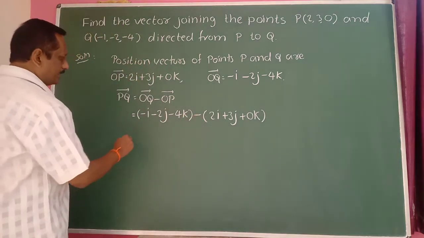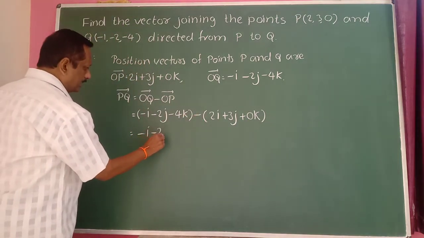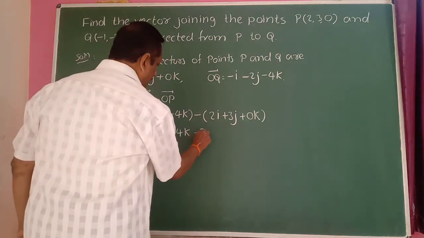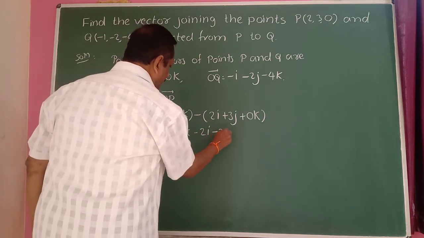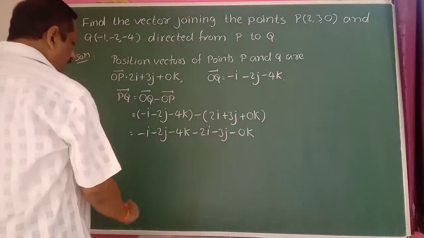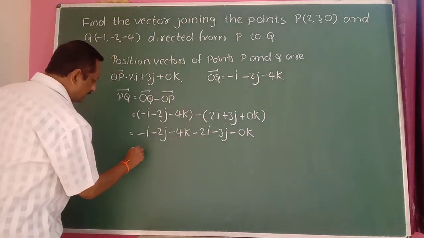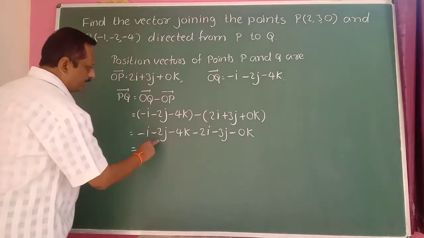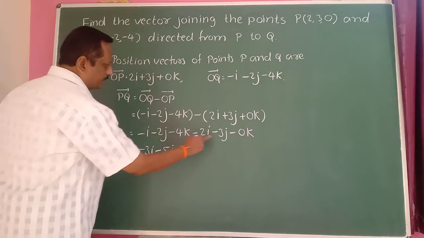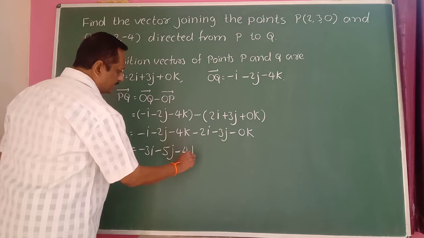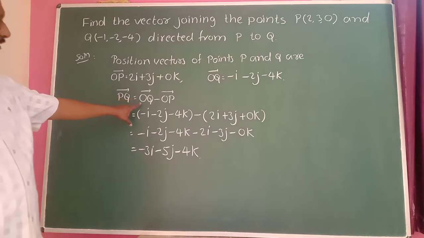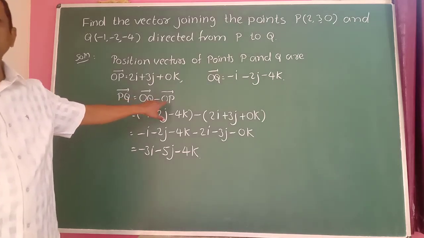Take a minus inside the bracket: minus i minus 2j minus 4k, then minus 2i minus 3j minus 0k. Therefore, minus i minus 2i becomes minus 3i, minus 2j minus 3j is minus 5j, and minus 4k minus 0k is minus 4k. So this is the required vector. We are using PQ equal to OQ minus OP.